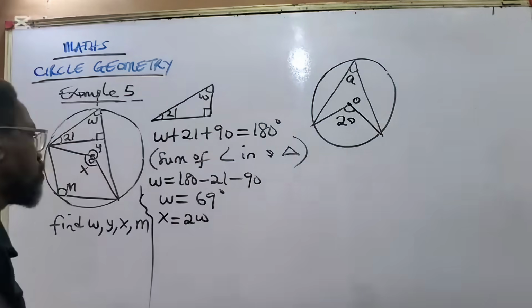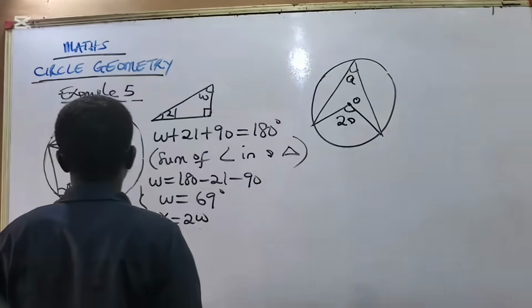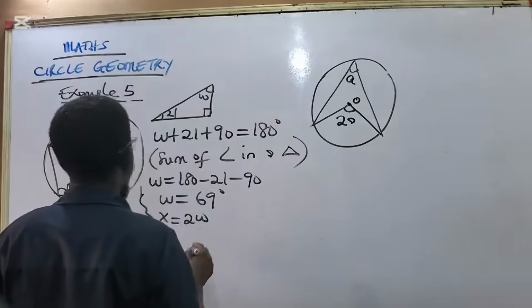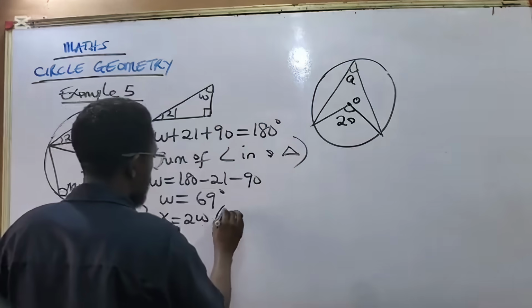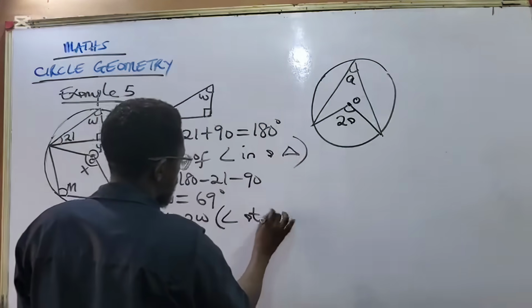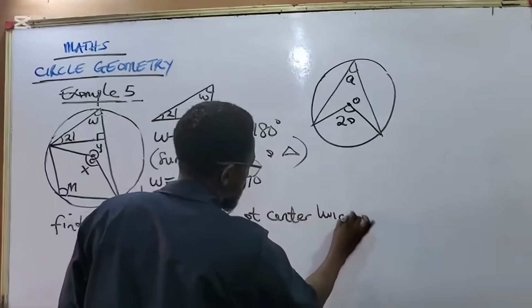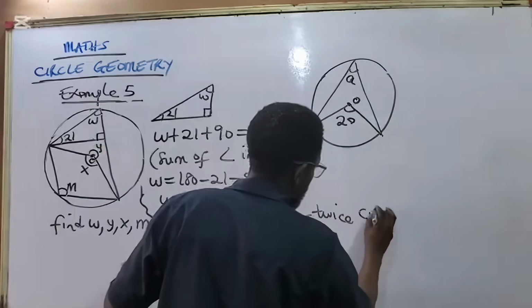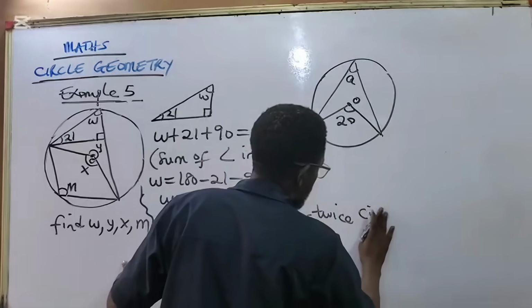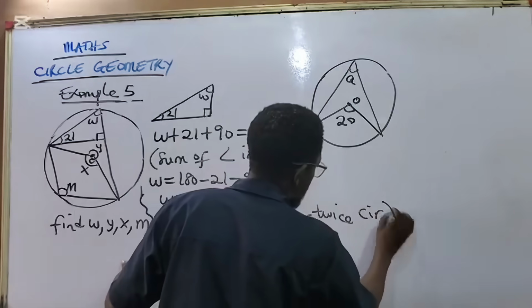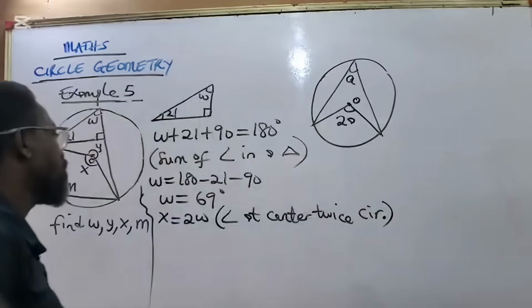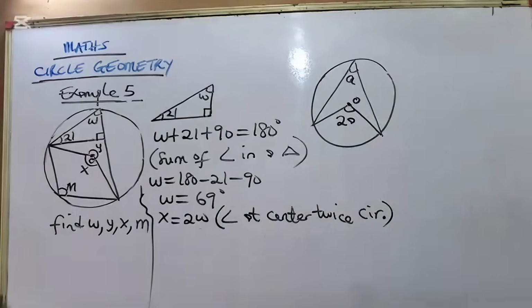That is angle at center twice circumference. So abbreviate that: circumference. So angle at center twice circumference.